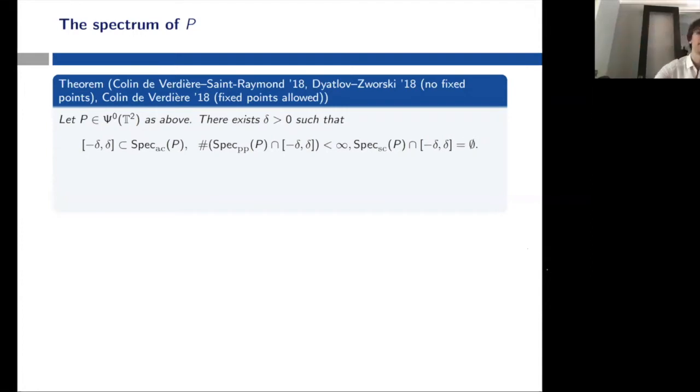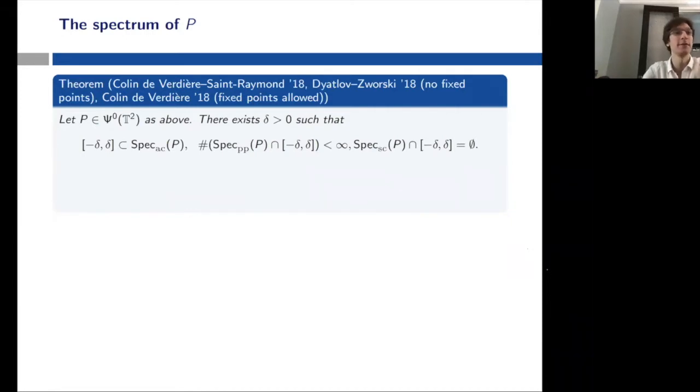And so what the theorem says is, okay, I work on the torus. This is really the 2 torus. And I ask that all of these assumptions are true. So again, a 0th order pseudodifferential operator, it should be self-adjoint, the differential shouldn't vanish, and I should have this Morse-Smale structure for the flow.